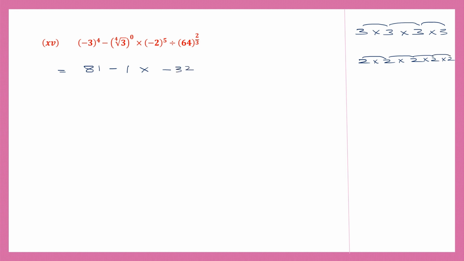So this we write as minus 32 divided by, now here we have 64 raised to the power of 2 by 3. Remember, we said 64 can be written as 2 to the power of 6 or 4 to the power of 3. So here I'm going to write this as 4 to the power of 3 instead of 2 to the power of 6. Now why did I choose that?